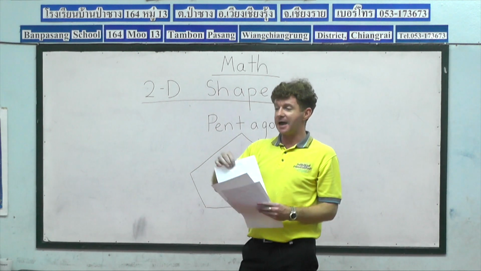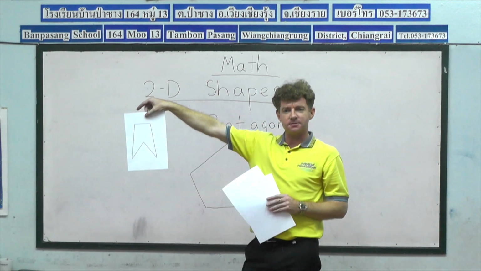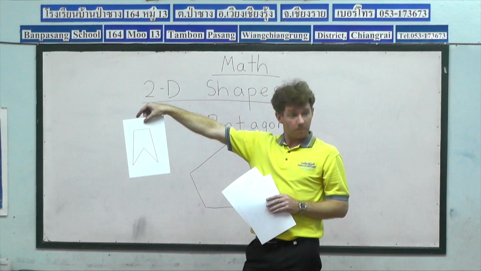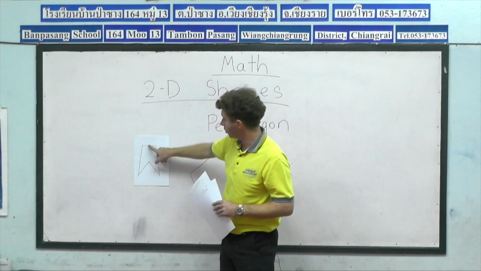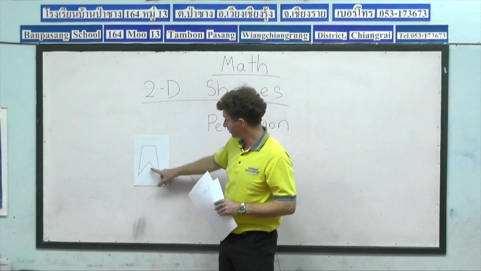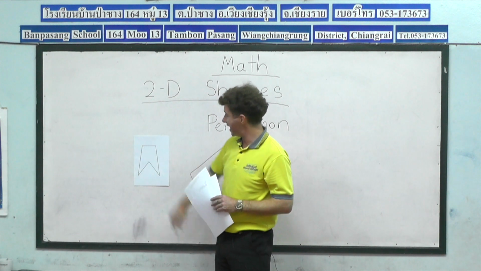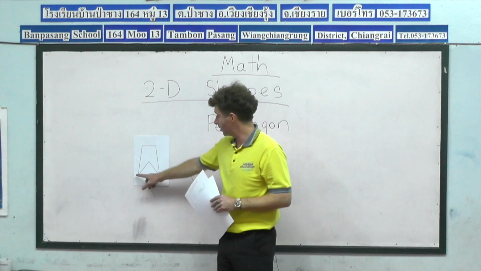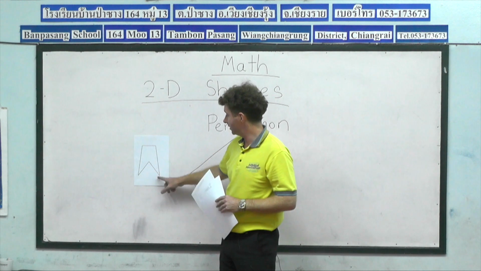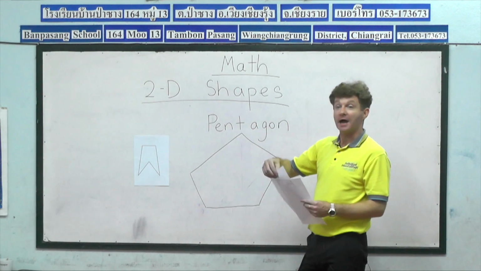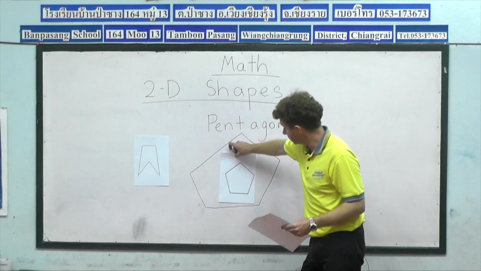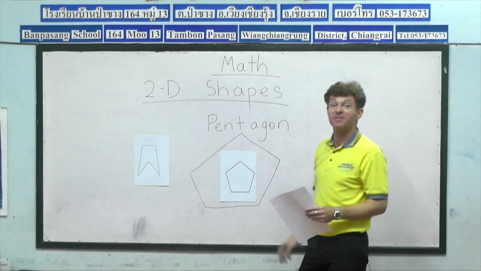So you can see, guys, what type of shape is this? Pentagon, yes. You can see how many sides? 1, 2, 3, 4, 5. How many corners? 1, 2, 3, 4, 5. That's a pentagon. Similar to the one that I've drawn here. You can see that's the same type of pentagon.